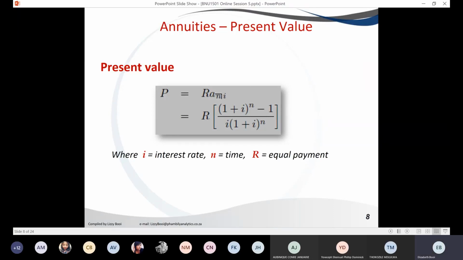So to calculate the present value of an annuity, which is the first part of the session that we need to do, we use this formula. P is equal to R, where R represents our equal payments, multiplied by everything in the bracket, which we call the accumulation factor: 1 plus i, where i is our interest, to the power n, where n is our term, minus 1, divided by i times 1 plus i to the power n.